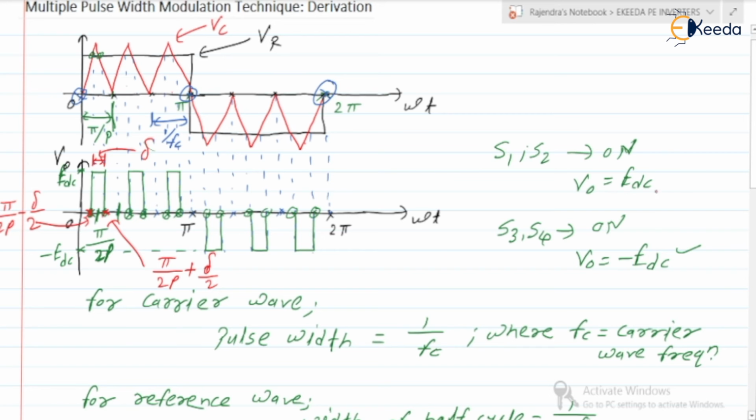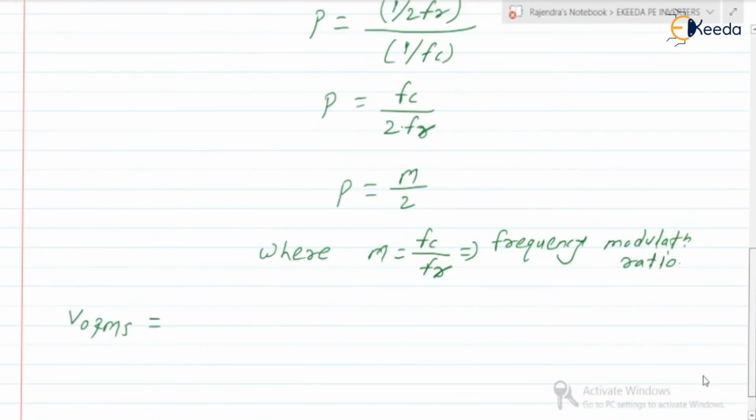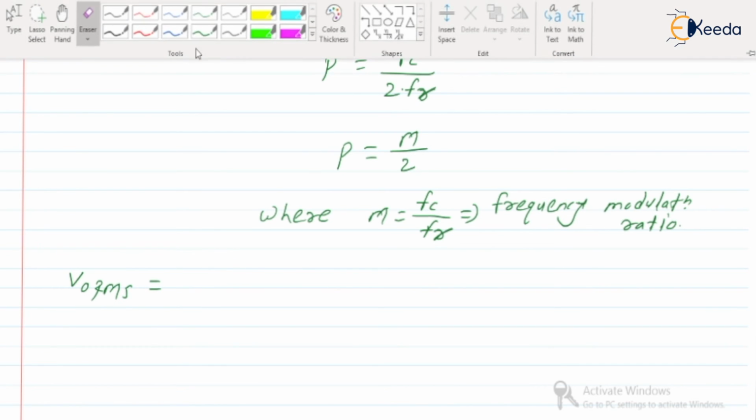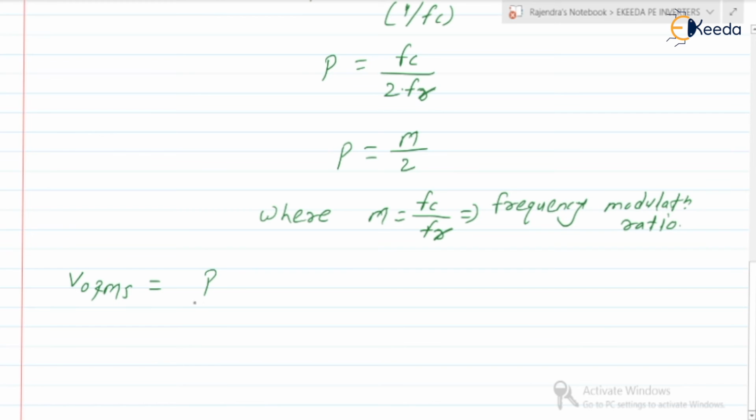So here we can write V0 RMS, that is the RMS value of the output voltage, is equal to, corresponding to pi radian we have P number of pulses, so we can write it as P divided by pi, next integration from pi by 2P minus delta by 2 to pi by 2P plus delta by 2.